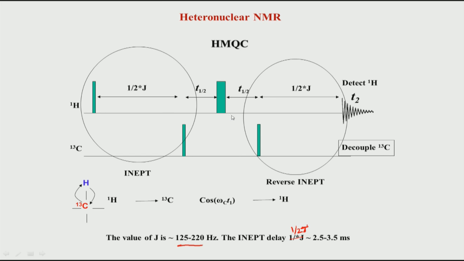So, in the 2D, let me draw it as an example or a schematic. 2D is like this, you have carbon 13 here, this is called T1 or we use the word F1, and this is proton, this is T2 or we can call it F2, F2 meaning frequency.